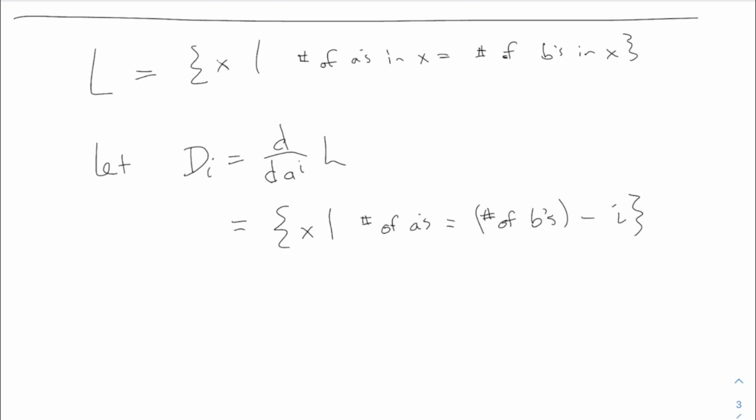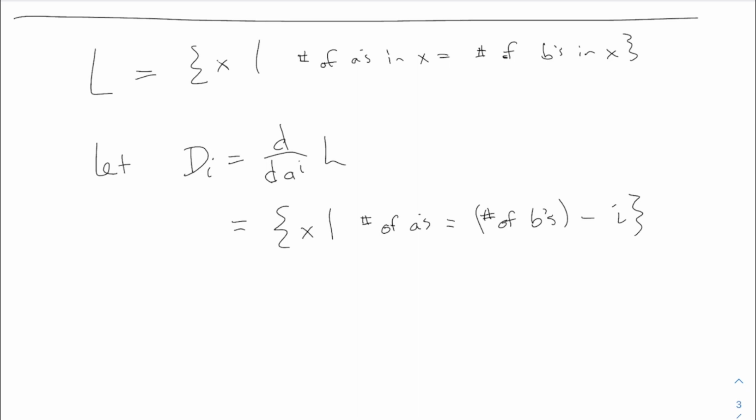All right. L consists of strings where they were equal. When I take this derivative, I consider only strings where they were equal and there were A's on the front. I'm going to get rid of those ones, and what remains is just some string where there are now i fewer A's than B's. And again, these sets are always different, right? When i equals 1, this means there's 1 less A than B's.